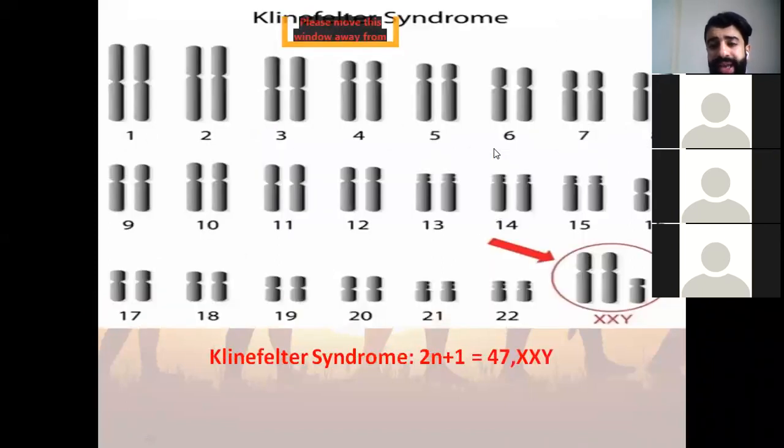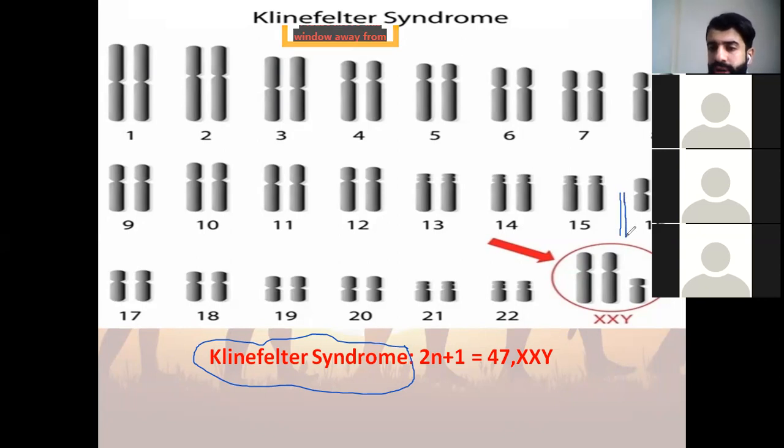Moving now to Klinefelter syndrome. From now on, you have to know Klinefelter syndrome. It is an abnormality that affects the gonosomes. In the chromosomal formula, we have an extra chromosome: two large and one small.